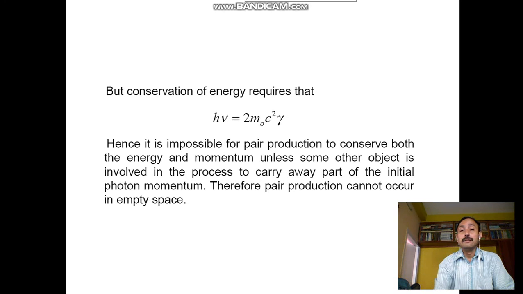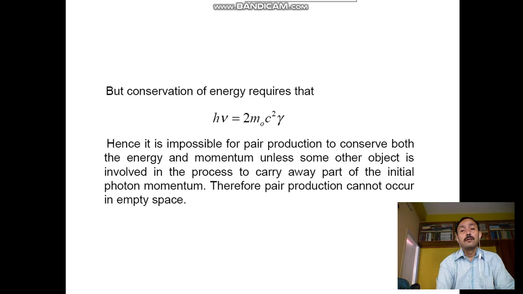Hence, it is impossible for pair production to conserve both energy and momentum unless another object is involved in the process to carry away part of the initial photon momentum. Therefore, pair production cannot occur in empty space.